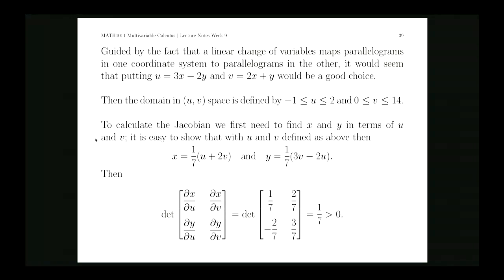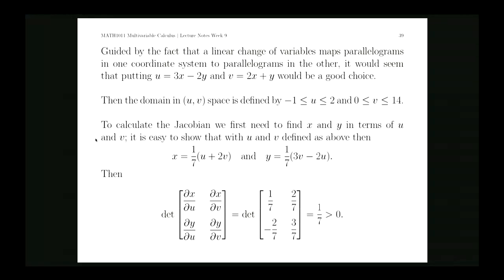Now I've been motivated by u and v in terms of x, but I need x and y in terms of u and v to work out the Jacobian. But it's nice and linear, so that's fairly easy to do. If I solve the equations u equals 3x minus 2y and v equals 2x plus y, two equations in two unknowns, for x and y in terms of u and v, I get x as a 7th of u plus 2v and y as a 7th of 3v minus 2u.